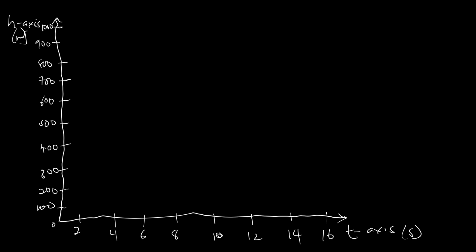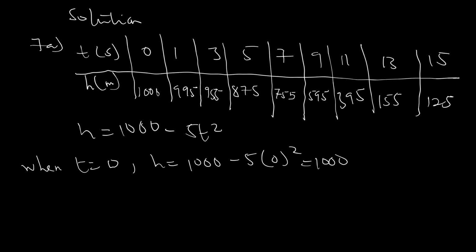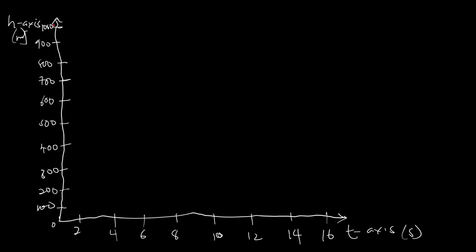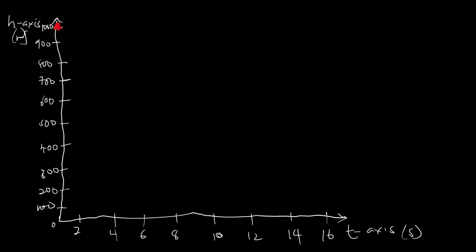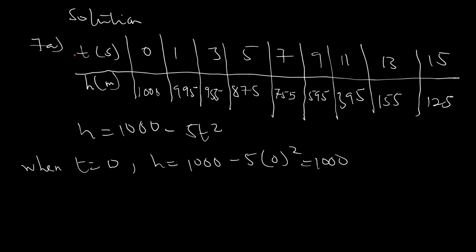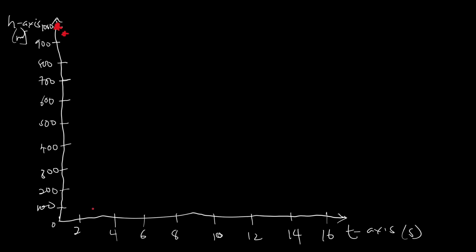Now let's plot our points. When t is 0, h is 1,000, so it will be here. When t is 1, h is 995, so at 1 we'll be here. When t is 3, h is 955, so at time 3, it will be here.